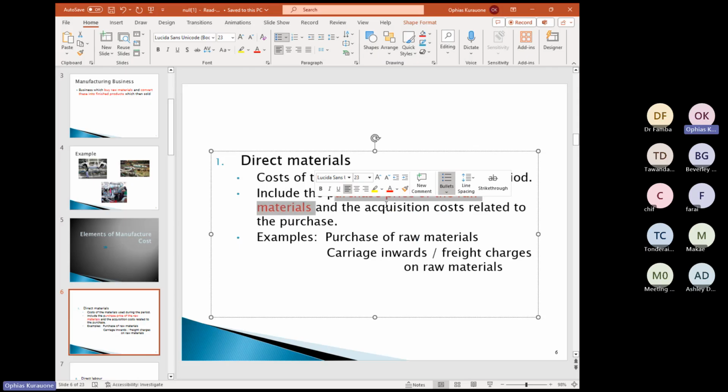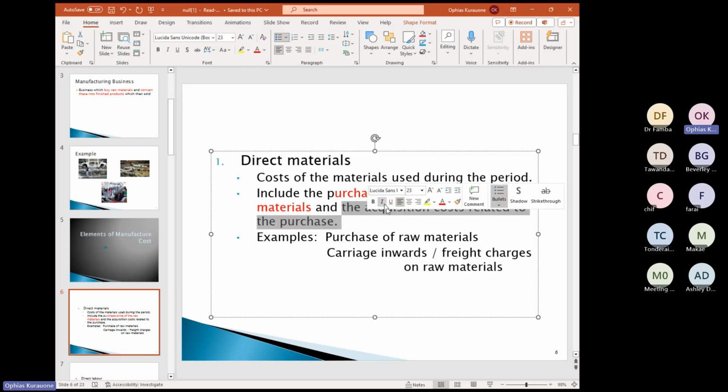How much have you paid to the people who sell planks? We also include costs related to the purchase. So we have the acquisition cost related to the purchase, which is good.